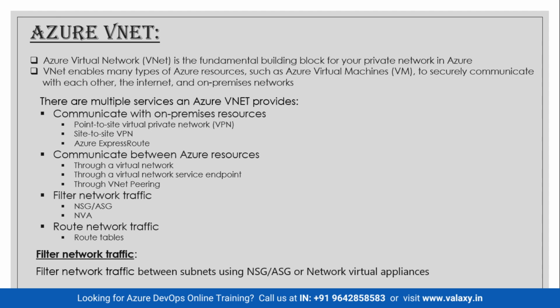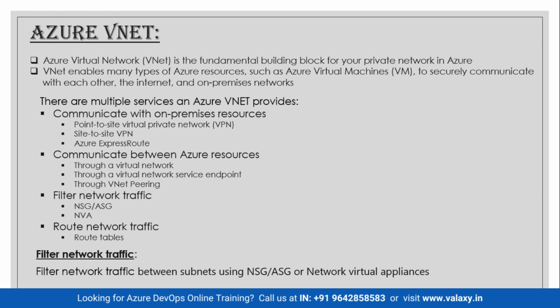So with the help of this Vnet, services such as VM, storage account, SQL Server can easily communicate with each other, and they can even communicate from outside your virtual network. Okay, so from internet, suppose there is a VM hosting your application, and you want to access that application from internet, using this Vnet also, that can be made possible.